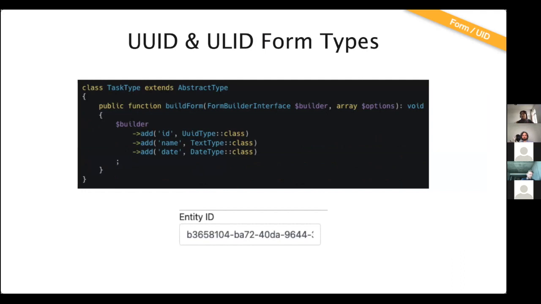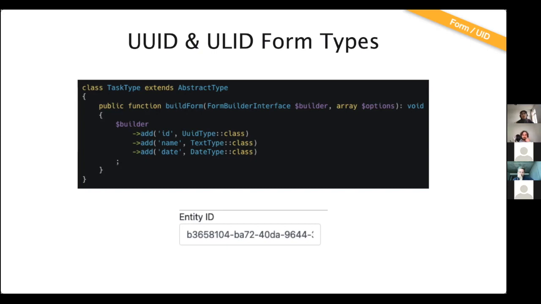And the cool thing is that it takes care of data transformations. It converts the UID object into a string when the form is being rendered, and when input is being processed, it converts the string back to the UID object.